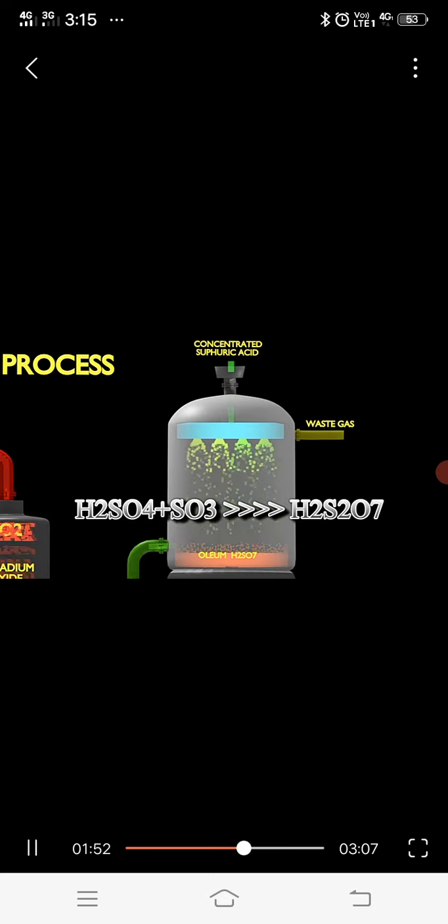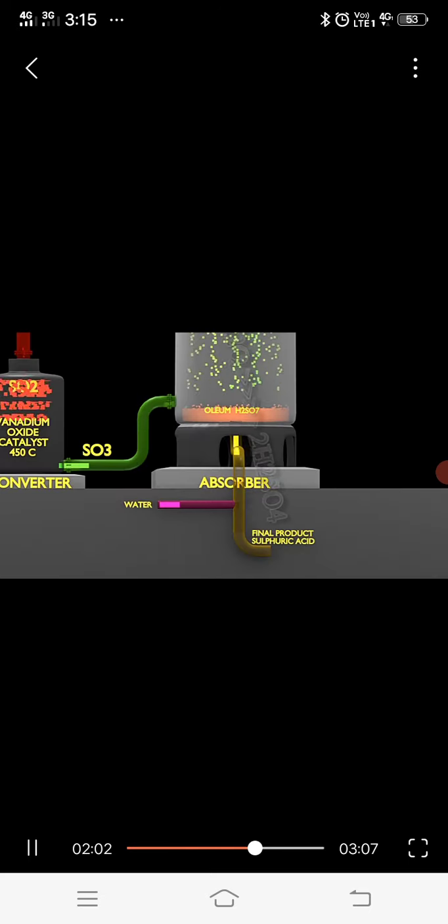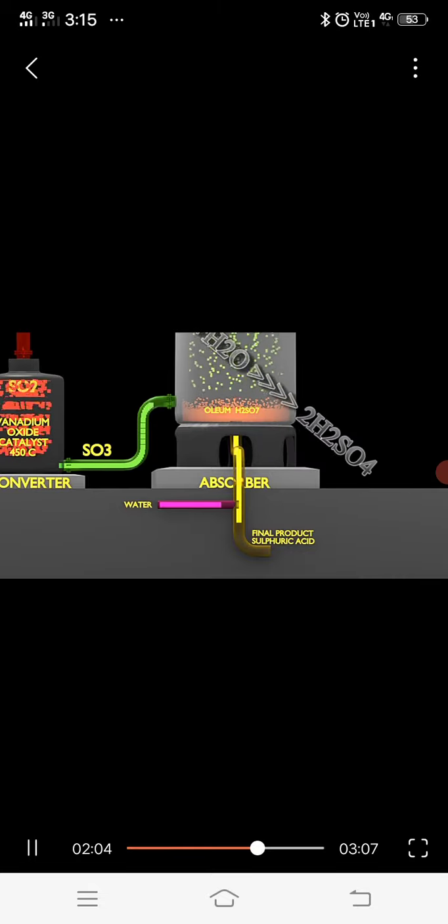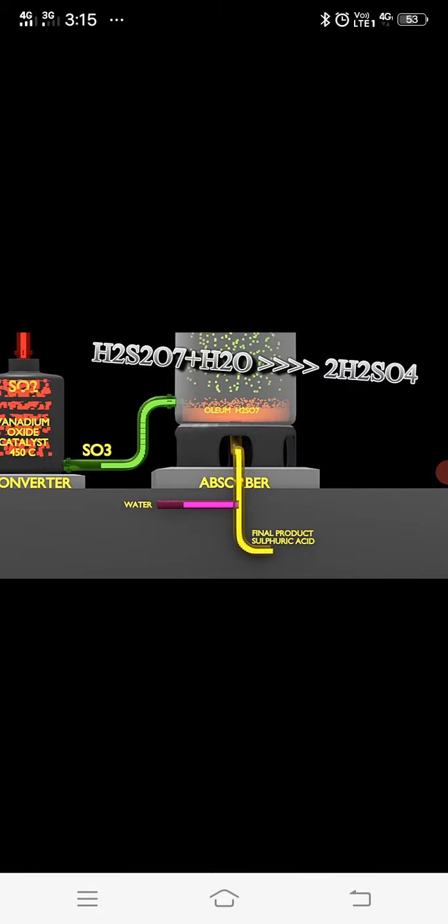Instead, the sulfur trioxide is first dissolved in concentrated sulfuric acid, and we get the product known as fuming sulfuric acid or oleum. The oleum then can be reacted safely with water to produce concentrated sulfuric acid, twice as much as you originally used to make the fuming sulfuric acid. In this way we get the final product.